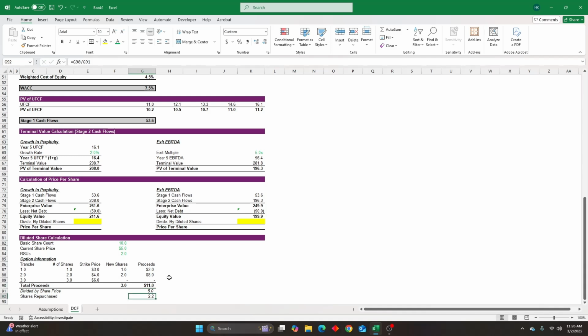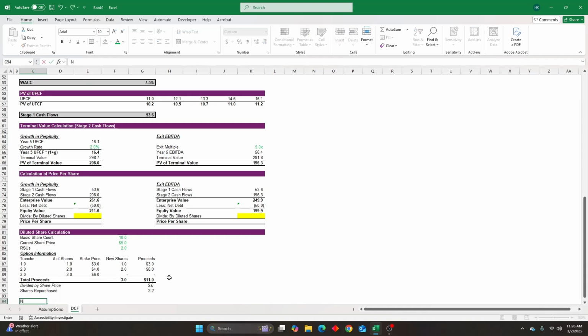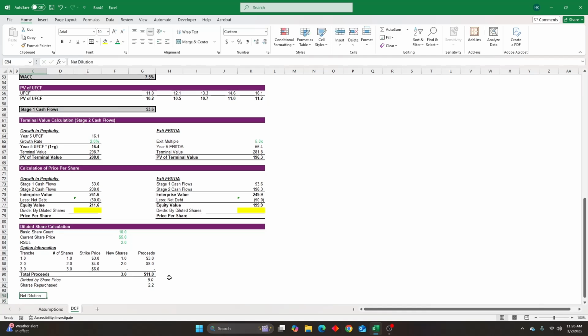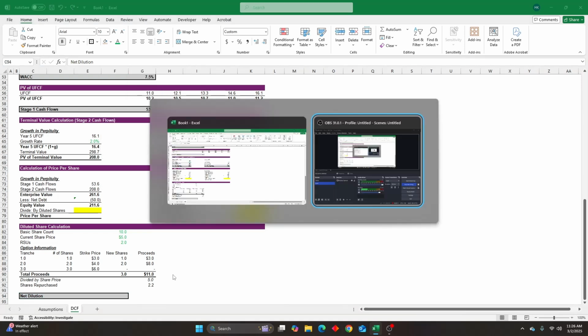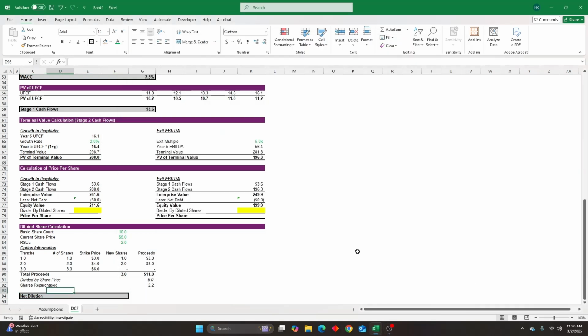And so our net dilution is going to be equal to our new shares issued less whatever we're able to repurchase, and so we'll have 0.8 shares created.